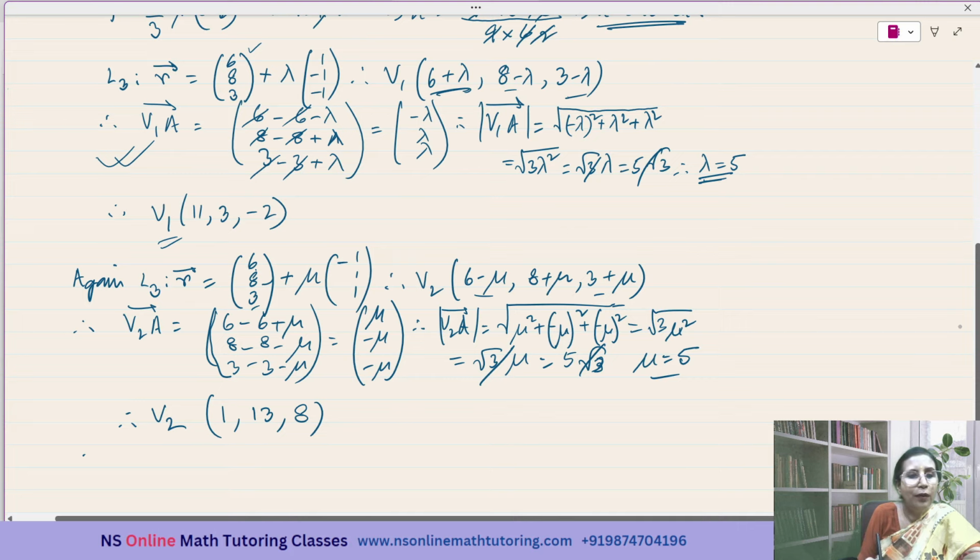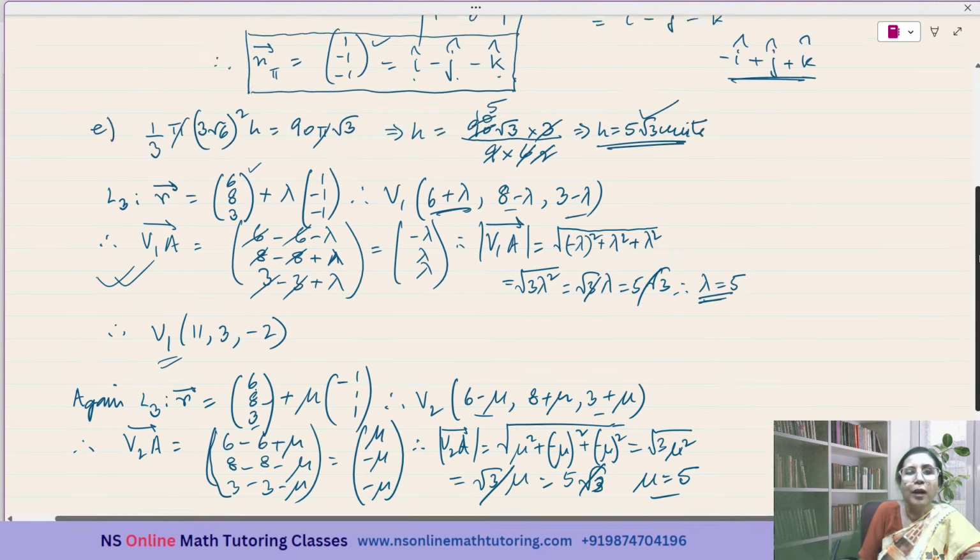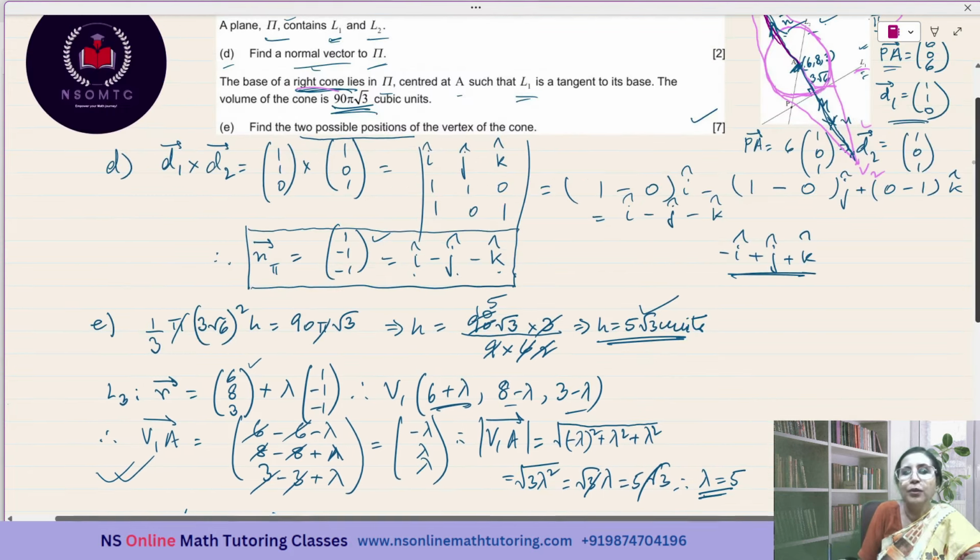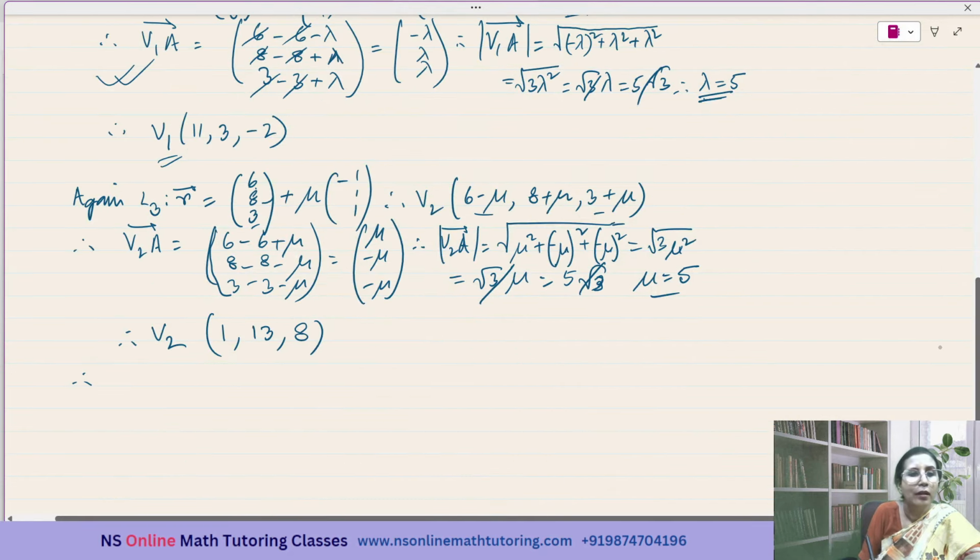Okay, therefore, what is the format of the question? Two possible positions of the vertex.